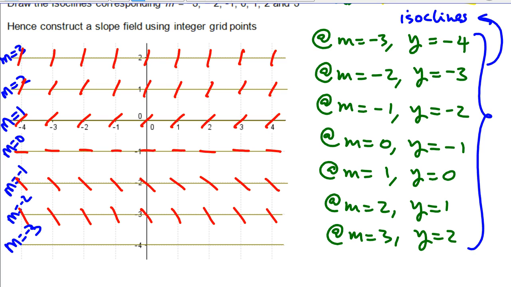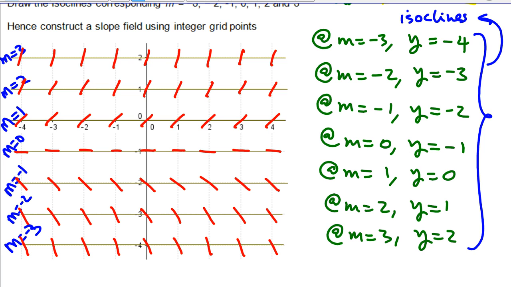So that should be much steeper, which will be something like much steeper than the previous ones. All right, so this is a slope field. And you can see when you use the isoclines, it's actually easier for you to do that.